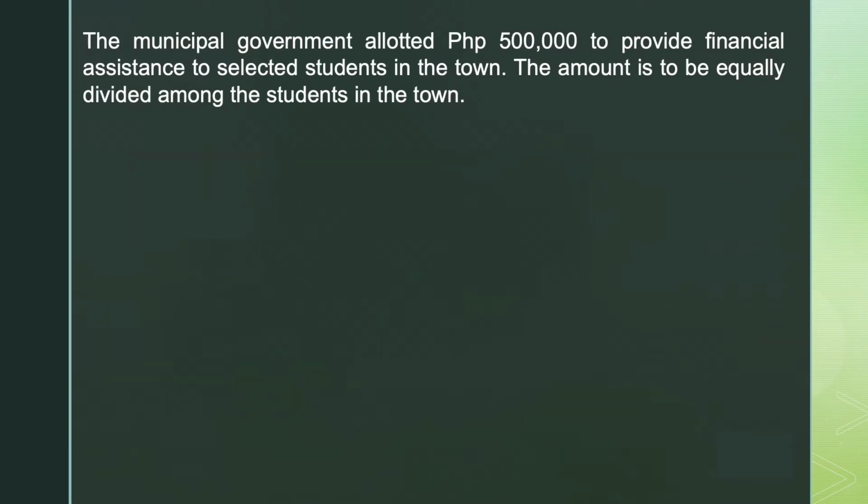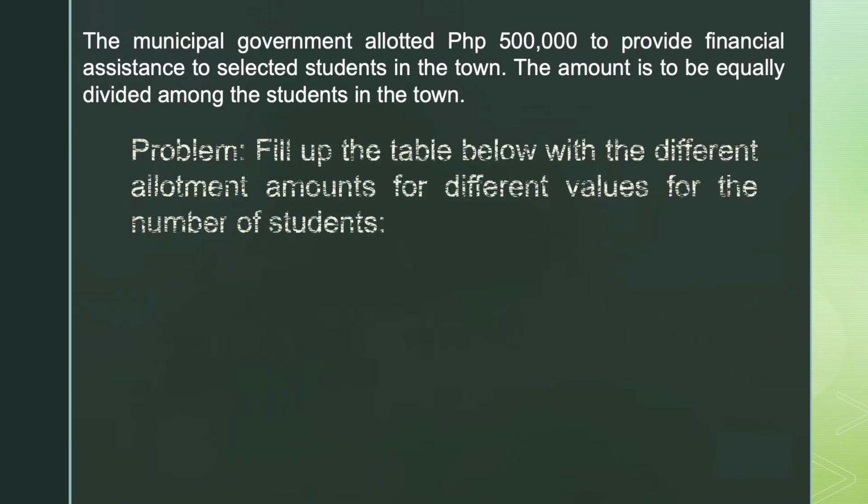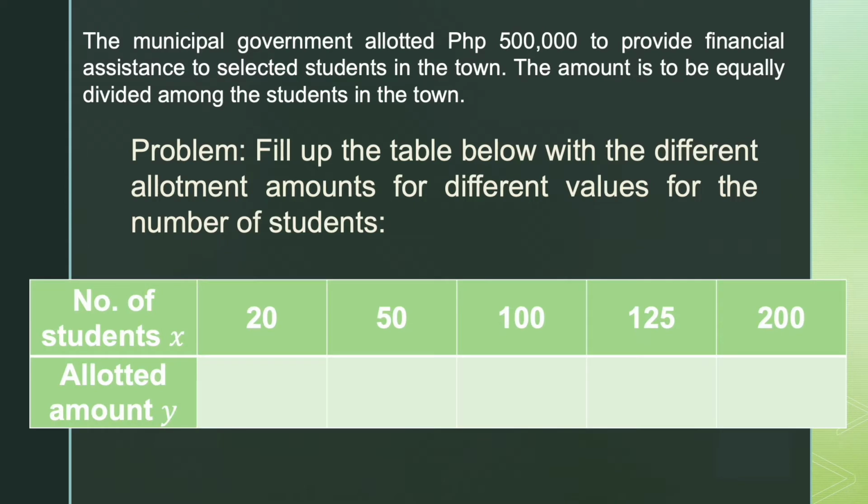For the next problem, we have to fill up the table below with the different allotment amounts for different values for the number of students. Suppose we have 20 students. Substituting it to the equation, we have y equals 500,000 over 20, which is equal to 25,000.